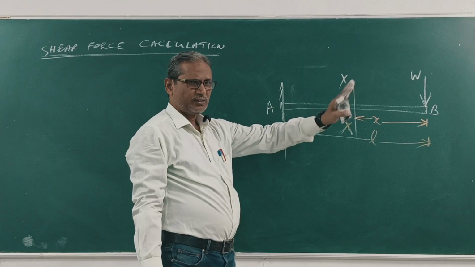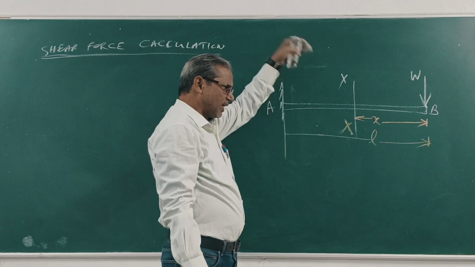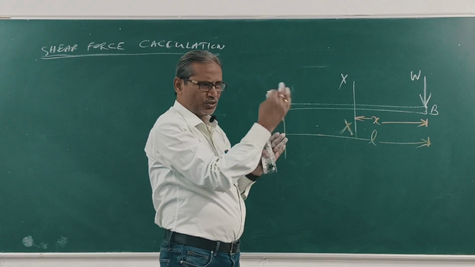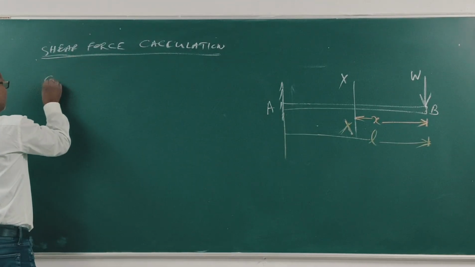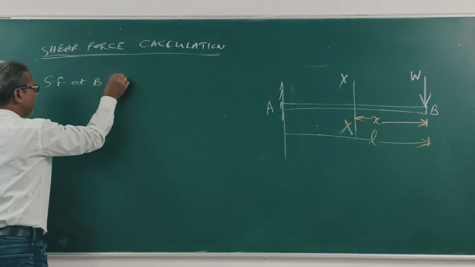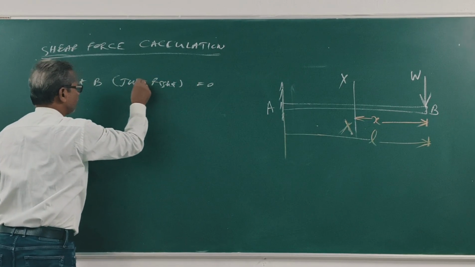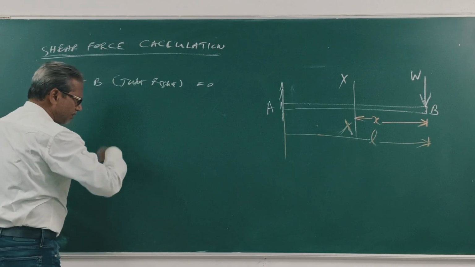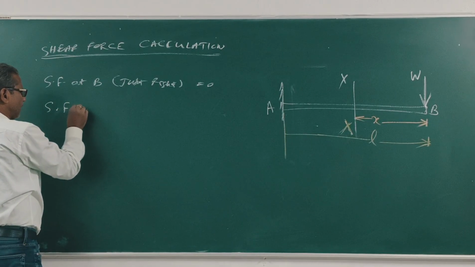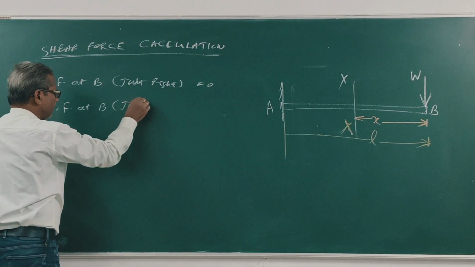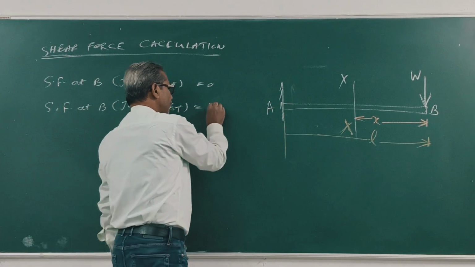So just right of B, shear force is 0. Just left of B, shear force is W, because W is acting at point B. On its right side when calculating, it is 0; on the left side, it is W. Clear? Shear force at B, just right, 0. Shear force at B, just left, W.